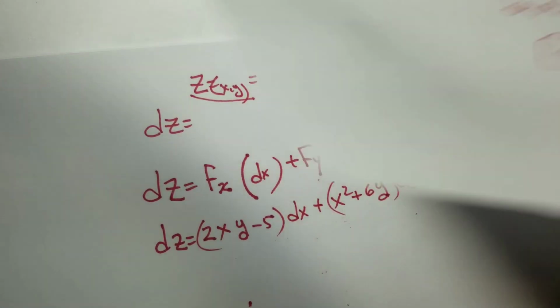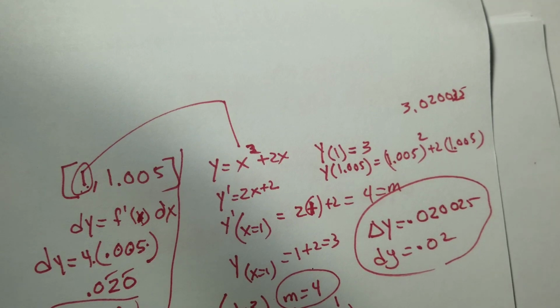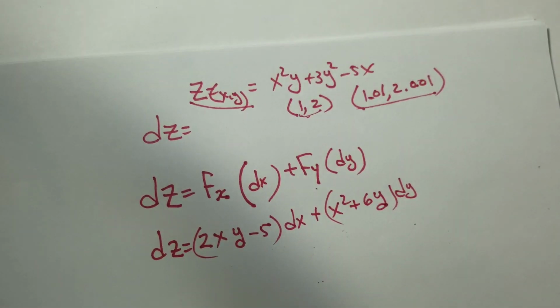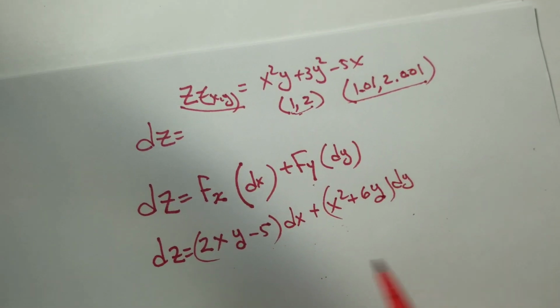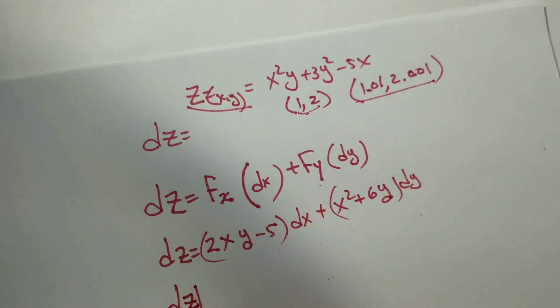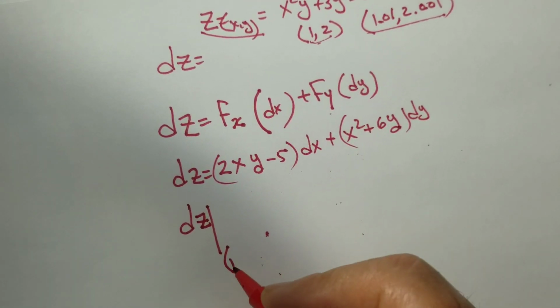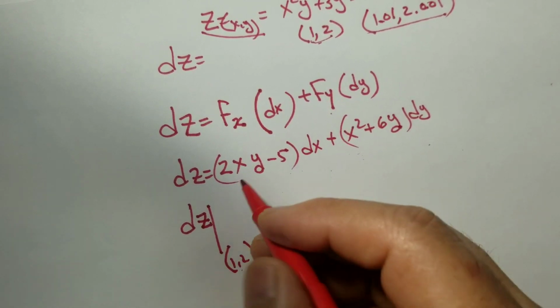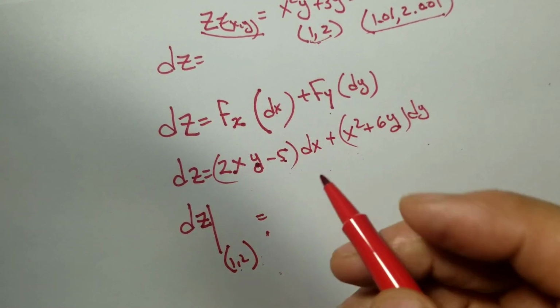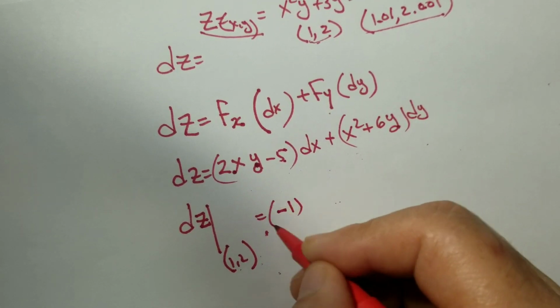The point you use to find the slope of a tangent line. Over here, my target point is 1 and 2. Therefore, what is the total change of z around the point 1 and 2? 2 times 1 times 2 is 4. 4 minus 5 is negative 1.